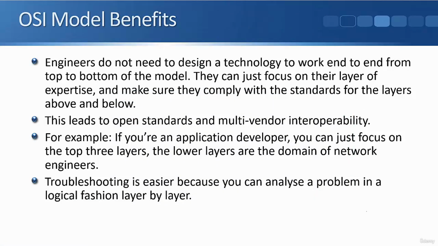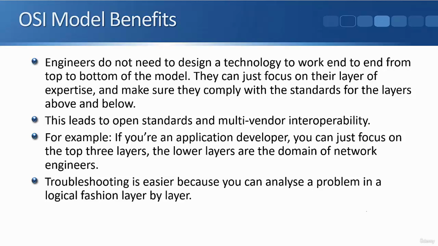Looking at the benefits we get from the OSI model, engineers don't need to design a technology to work end-to-end from top to bottom of the model. They can just focus on their layer of expertise and make sure that they comply with the standards for the layers above and below. This leads to open standards and multi-vendor interoperability.